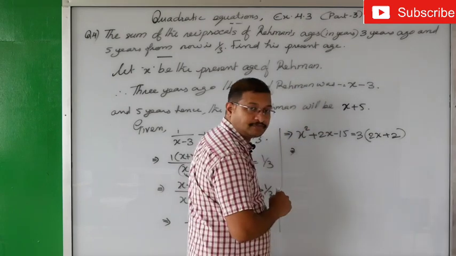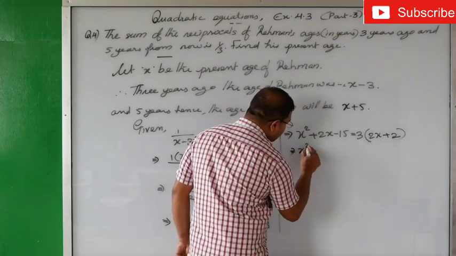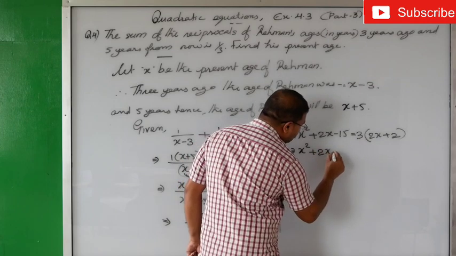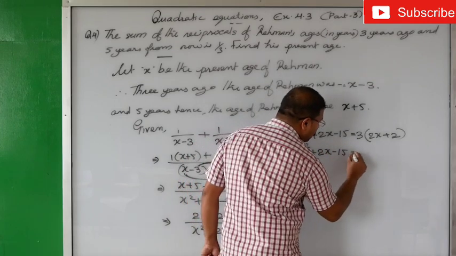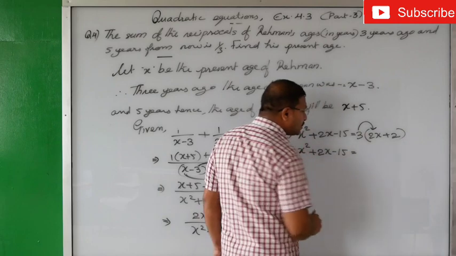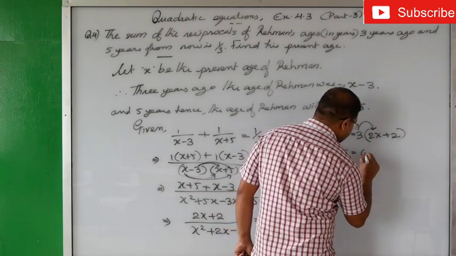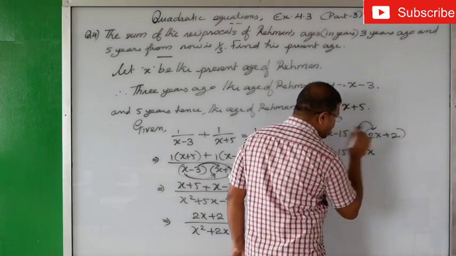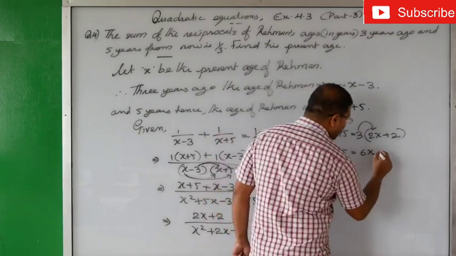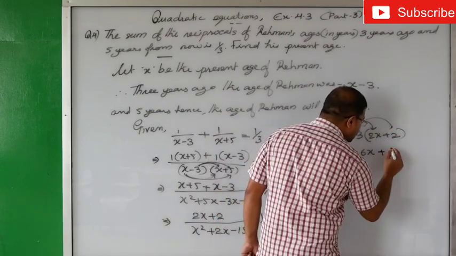Implies, ready? x square plus 2x minus 15 equals 3 2s are 6x, isn't it? 3 into 2x, that means 6x, plus 3 2s are 6.